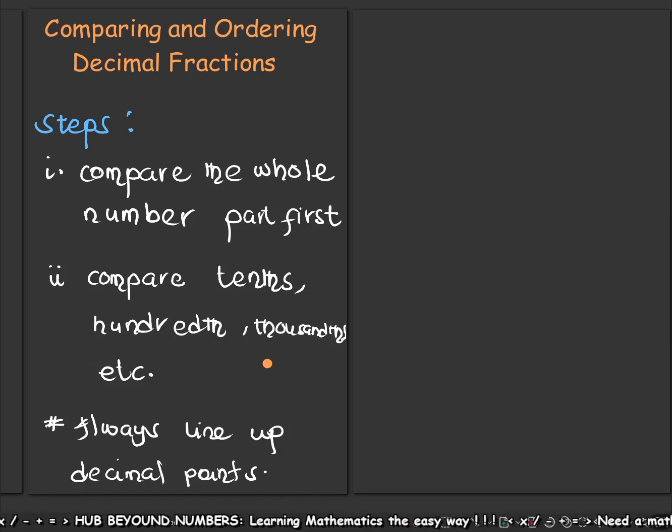Now, don't make the mistake of looking at the number of digits and saying, okay, this decimal has more digits than the other, hence it is the biggest. No. To avoid that, you should always line up your decimal points. All this is theory, so let's practically look at how we can go about it.